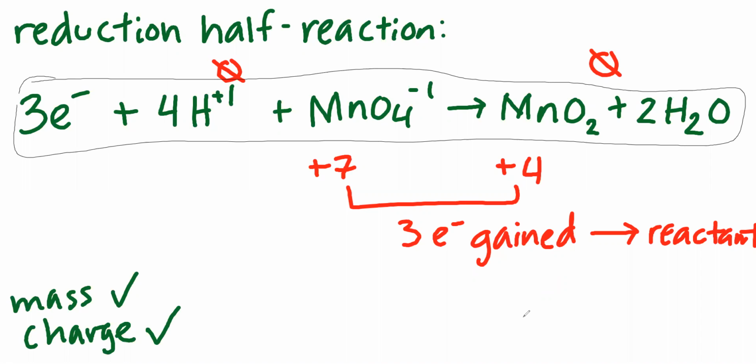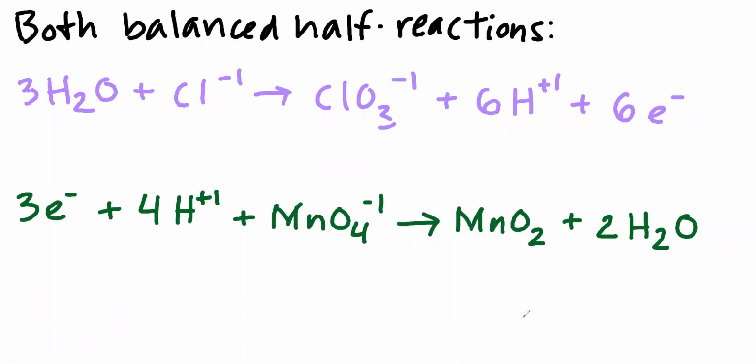Now we're going to combine it with the oxidation half reaction. And here they are written together on the same page. We want to combine these reactions so that the electrons cancel out. We cannot have electrons being produced and going nowhere, and electrons in the reactants that are coming from nowhere.